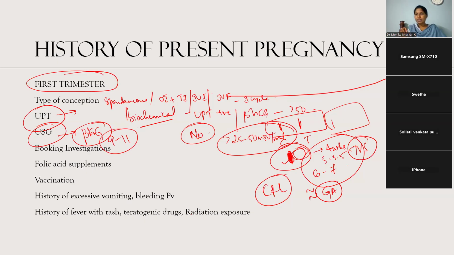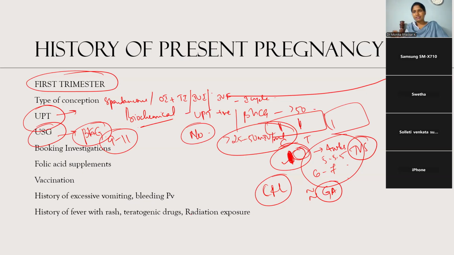So if, for example, LMP is around September 15th, her EDD is around 22nd of June next year. If her ultrasound EDD is around 30th of June, there is a discrepancy between the LMP EDD and the ultrasound EDD, and this is more than 5 days. So you have to take the ultrasound EDD.